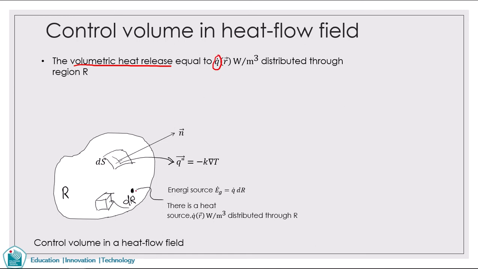If there is a source of heat, the energy source, E dot G, is equal to q dot multiplied by dr. Dr means the small part of the volume or the region, and there is a heat source called q dot, and the unit is watt per cubic meter.